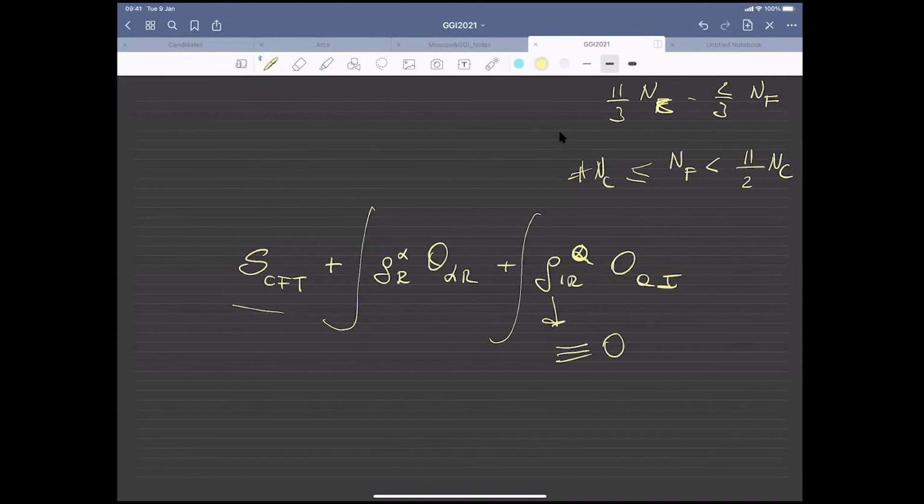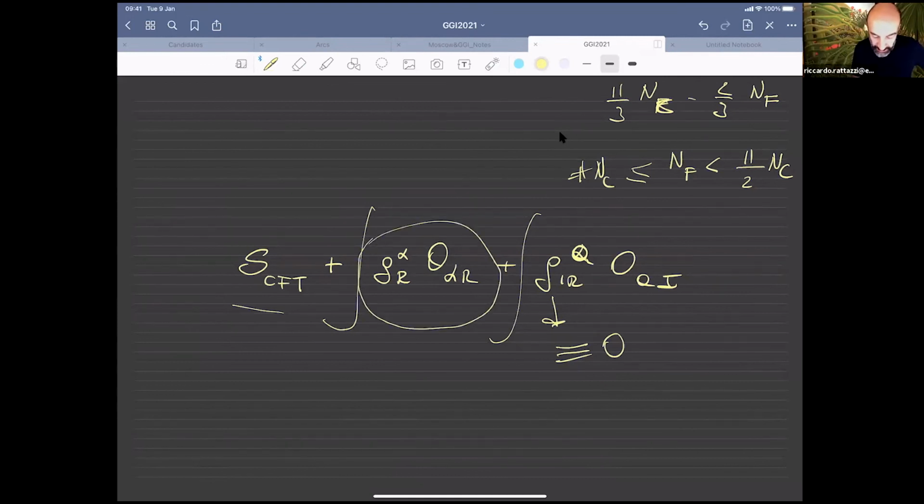So if you choose all of these to be exactly equal to 0, then when you go at high energy, you will only have the relevant ones, and these decrease because their effect grows when the energy becomes small. So if you set to 0 all the irrelevant couplings, then your theory can really be extrapolated to arbitrary short distances.